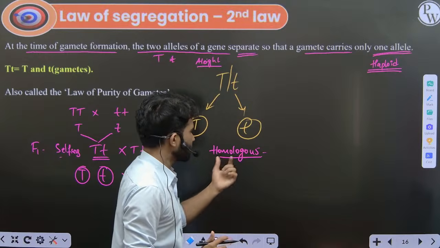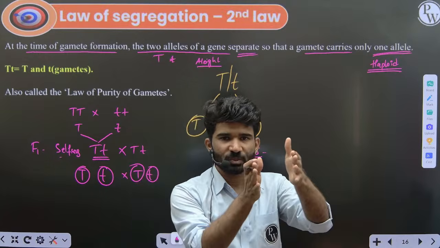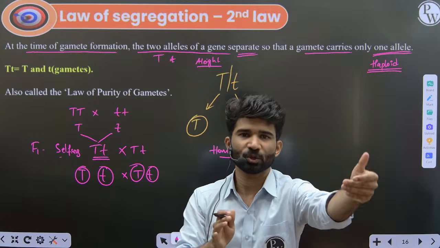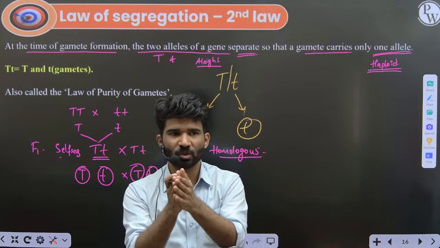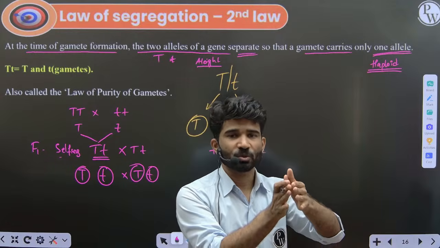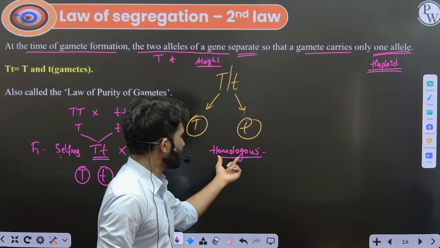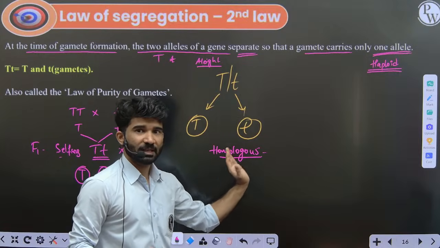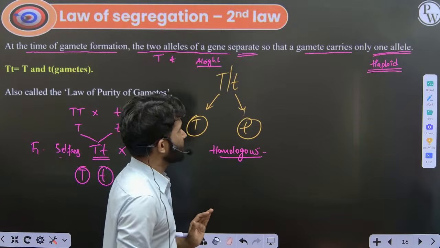That is what we call homologous. The first chromosome always pairs with the first chromosome only. It will not pair with chromosome 9 or 10 or the allosomes. They will pair with their respective homologous chromosomes.